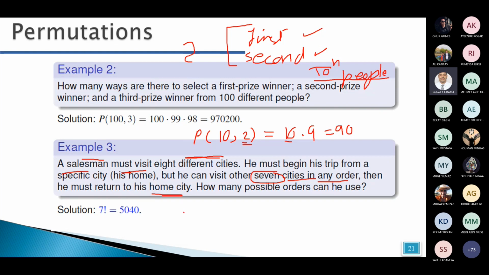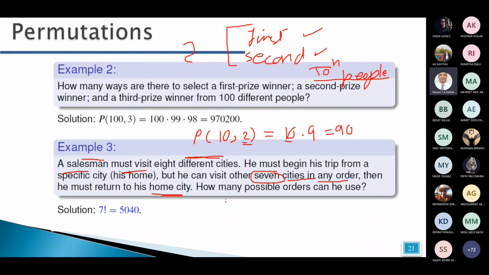So we cannot consider the home city because he is already in the home city and he will return to the home city. But the different combinations will be where? In the order of visiting the 7 cities. So we need to select 7 cities from 7 cities in a specific order.